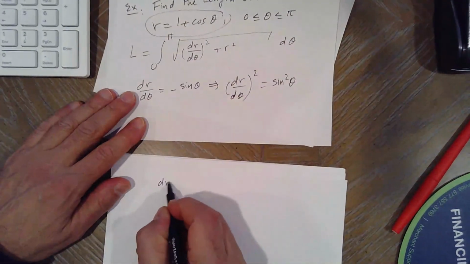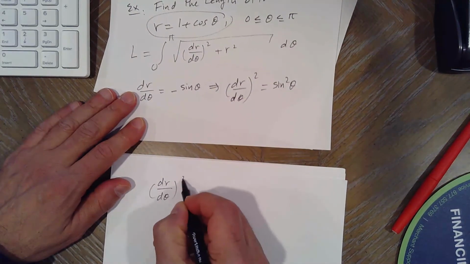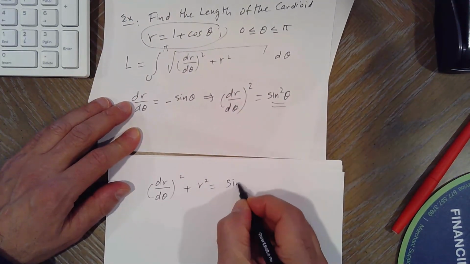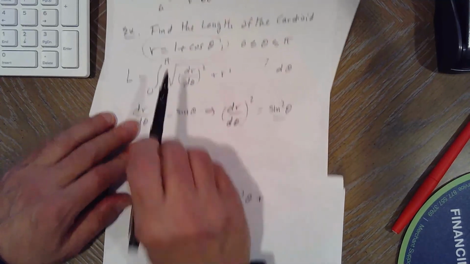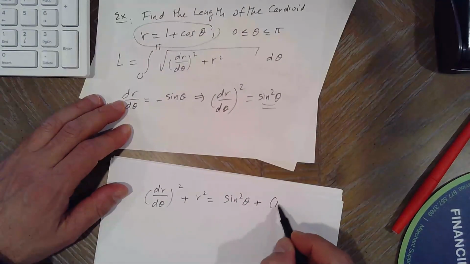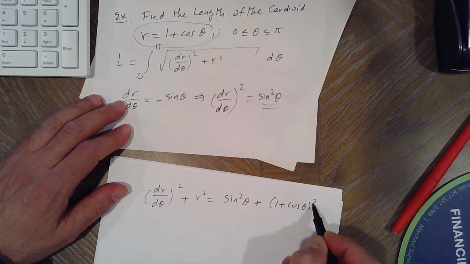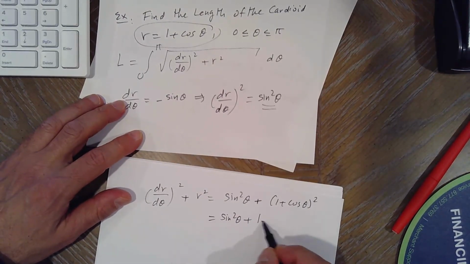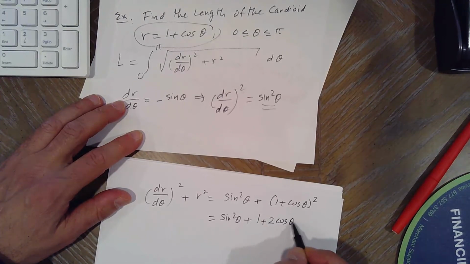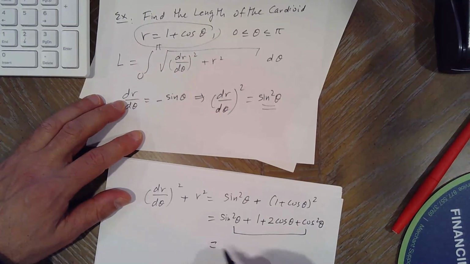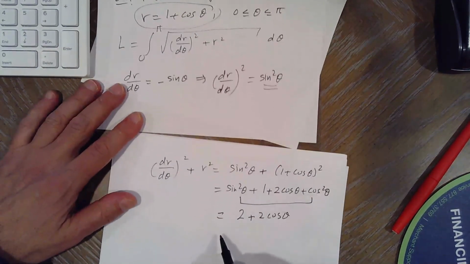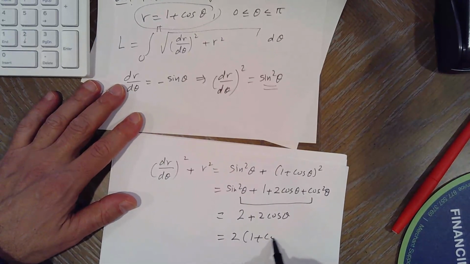So dr by d theta squared plus r squared equals sine squared plus 1 plus cosine theta, squared. If we FOIL this, we get 1 plus 2 cosine theta plus cosine squared. Sine squared and cosine squared add up to 1. 1 plus 1 is 2, so 2 plus 2 cosine theta, which is 2 times 1 plus cosine theta.